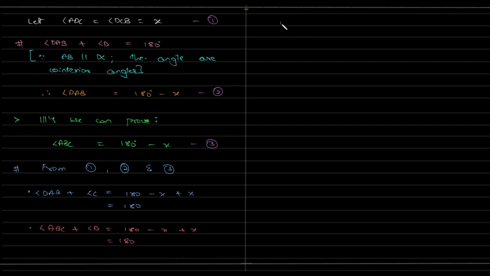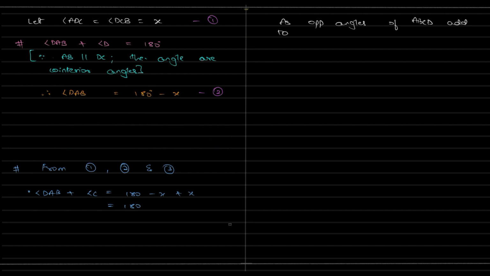And so we have opposite angles of ABCD adding to 180. Actually, just one pair is enough. This is not even required, and this is also not required. This can be reduced to just 1 and 2. So we have angle DAB and angle DCB.